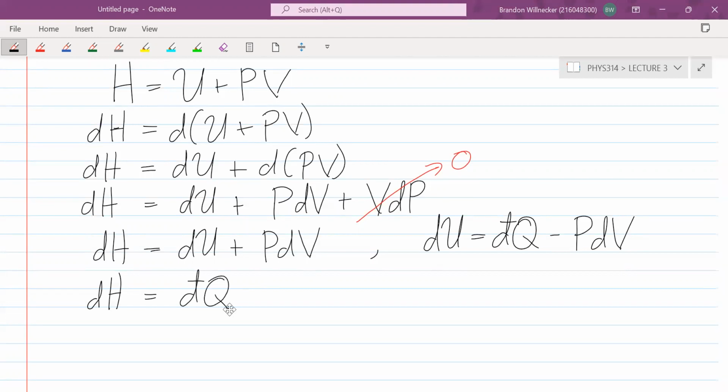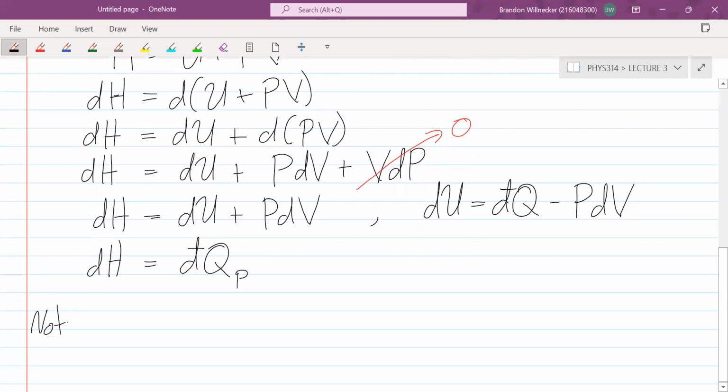And just to emphasize that we're working with constant pressure, we put a little p at the bottom. If we're working with constant volume, then we put a little v at the bottom. It's just so that we can see quickly what is constant and what is not. So here we see how the enthalpy is related to the heat transfer in the reaction, again at constant pressure.